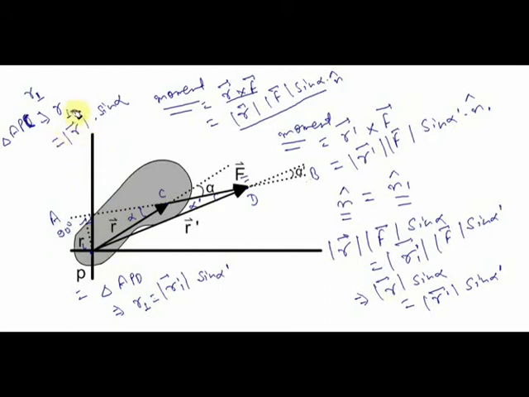So we can see that r perpendicular is equal to mod r sin alpha, and r perpendicular is also equal to mod r dash sin alpha dash. So we have proved that mod r sin alpha is equal to mod r dash sin alpha dash, which means that r cross F is equal to r dash cross F.